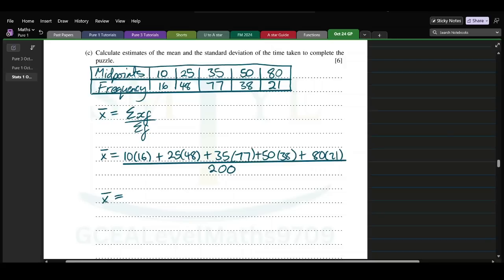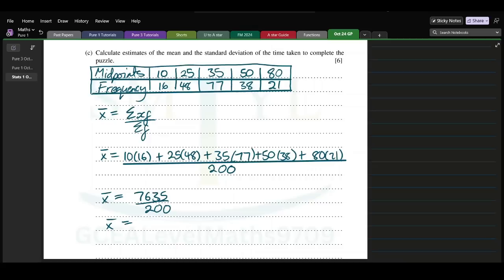Because remember we're dealing with a total of 200 students. Alright, so let's simplify our numerator. That's 10 times 16 plus 25 times 48 plus 35 times 77 plus 50 times 38 plus 80 times 21, and this gives us 7,635, and this is being divided by 200, so x bar is equal to, let's punch that into the calculator, and we get 38.175.